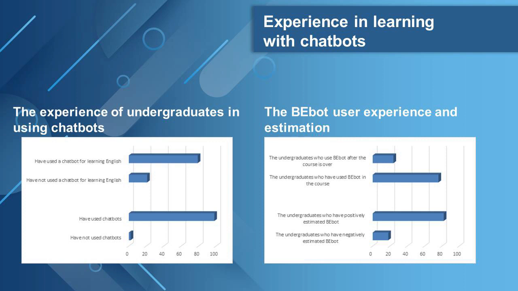The exit tests have shown that experimental group results have been 17% higher than the results of the control group. Additionally, the computer science students have had a survey about their experience in learning with the chatbot assistants. 98% of students have at least once used a chatbot. 79% of all respondents have previously used English language chatbot applications. 82% of the group have estimated BBot as an advanced and efficient chatbot.